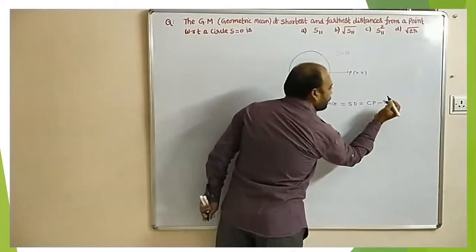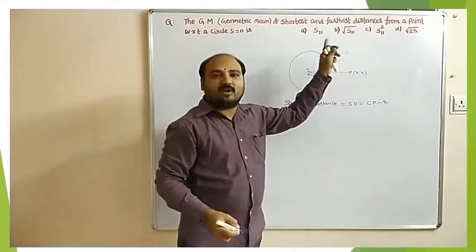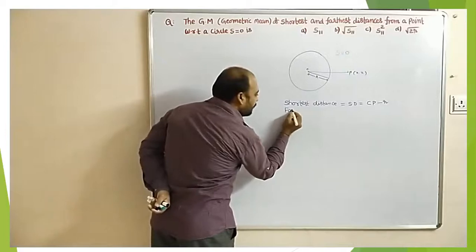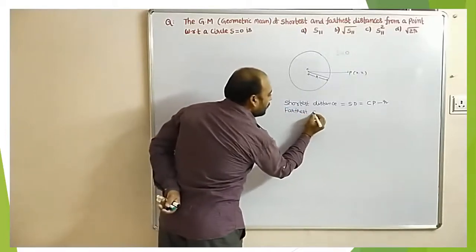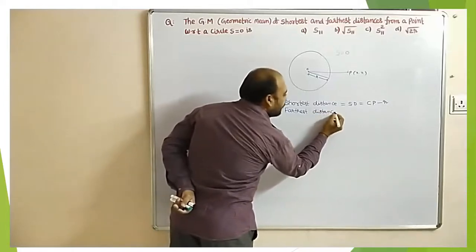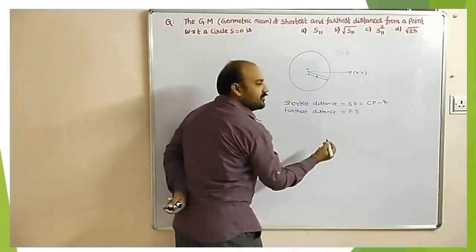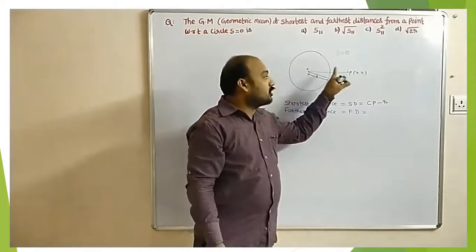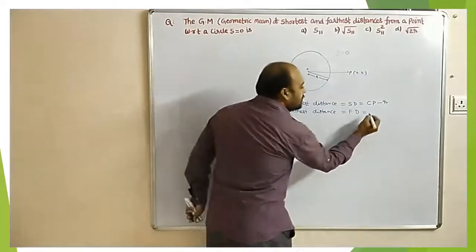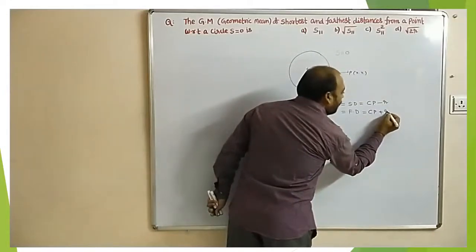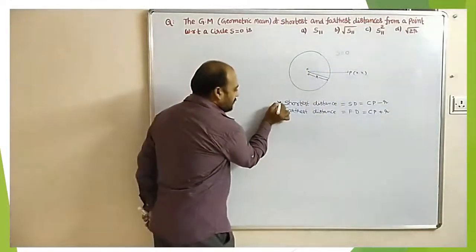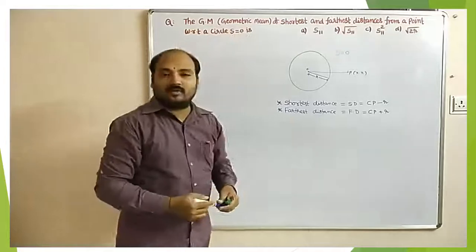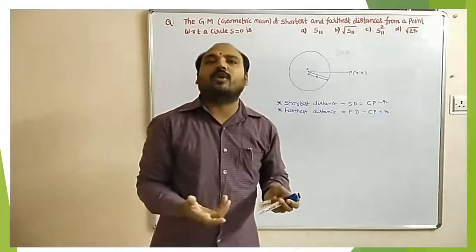Similarly, farthest distance FD is equal to CP plus R, the distance from the center of the circle to the point plus the radius. So CP plus R. Now, the geometrical mean of A, B is root AB.